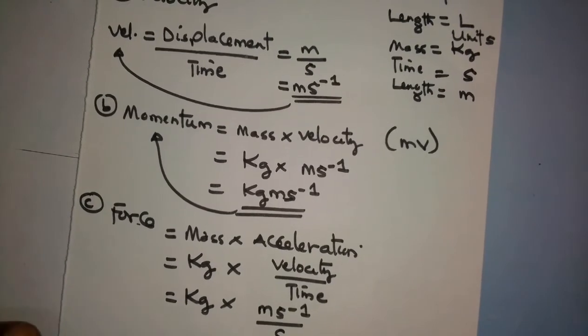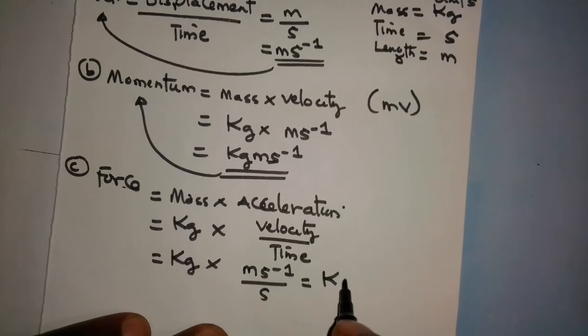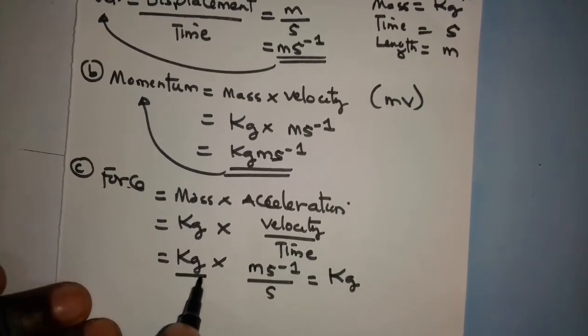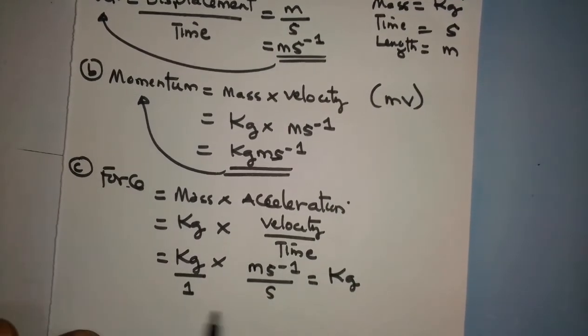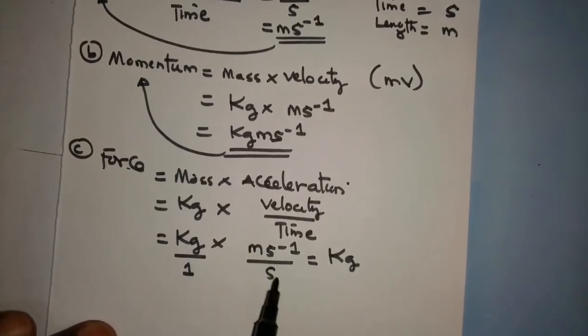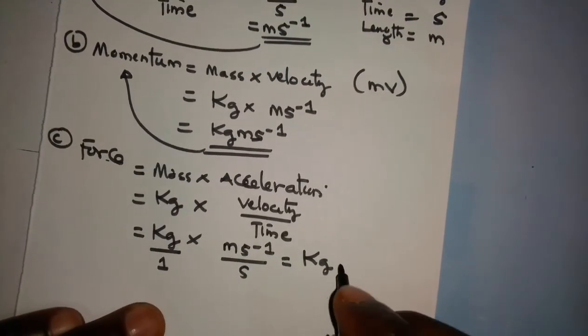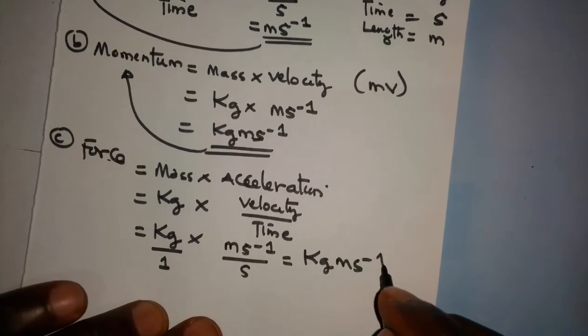So now this becomes kg. This could be called kg over 1, just to make it as fractions. And in multiplication of fractions, the numerator always multiplies with the numerator, and the denominator does the same with the denominator. So we have just kg multiplied by ms raised to the power of -1.